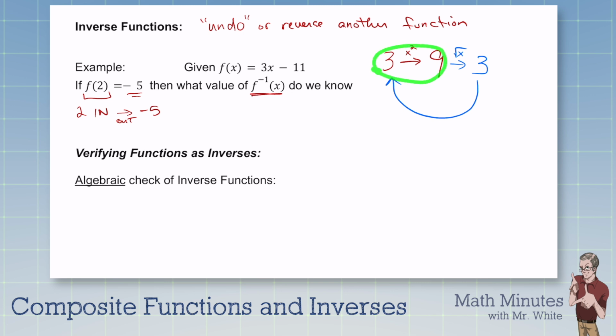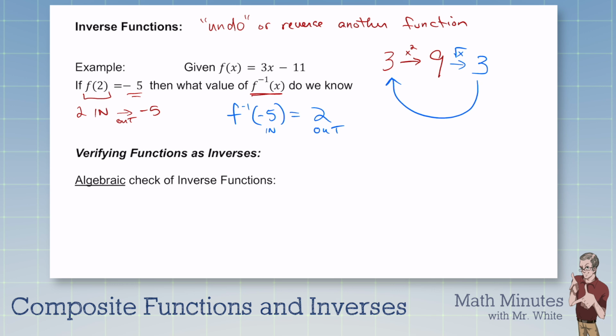A 3 turned into a 9, and then I needed to undo it, so a 9 needed to turn back into a 3. The answer would be, on the inverse function, a -5 needs to turn into a 2. Okay, the input of -5 needs to turn into a 2 output. So that's what that means.